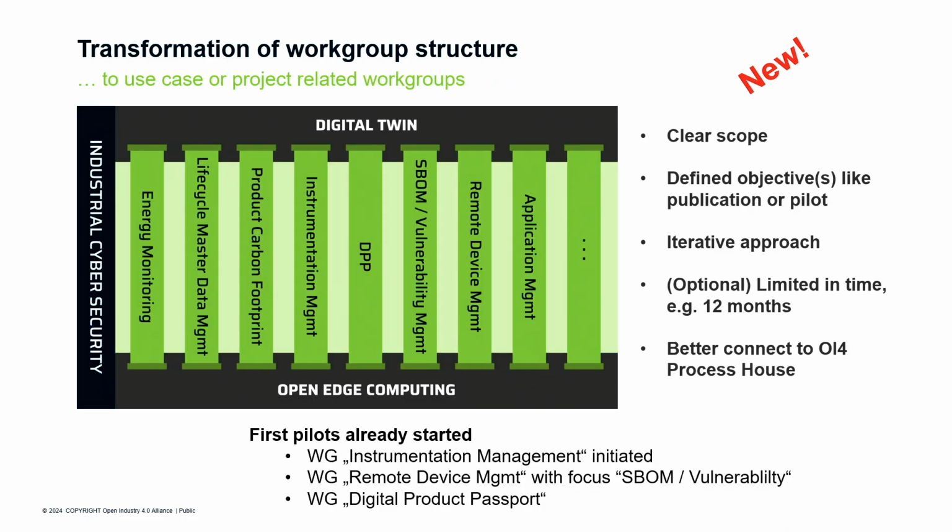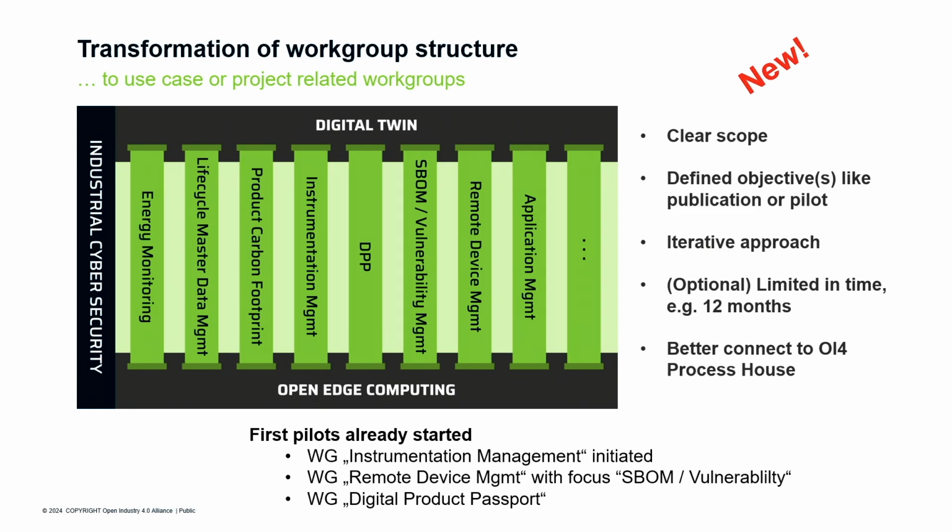So the idea is to come to more use case or project-related work groups, and not separate the industry-focused work groups from the technical work groups. Of course, we see on the top a digital twin work group. We have to have a place where we can discuss all the concepts around the digital twin.